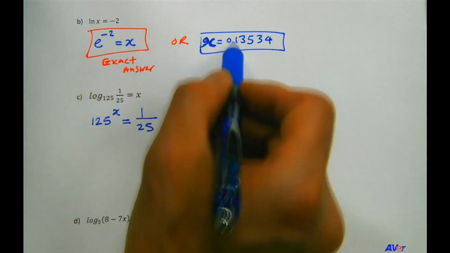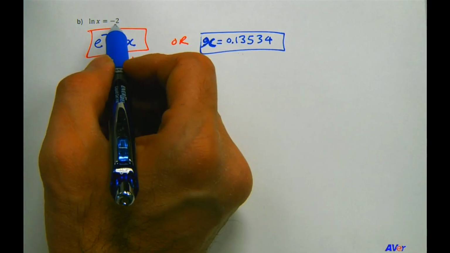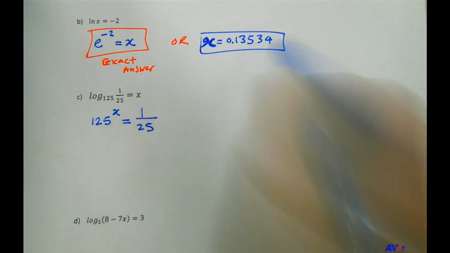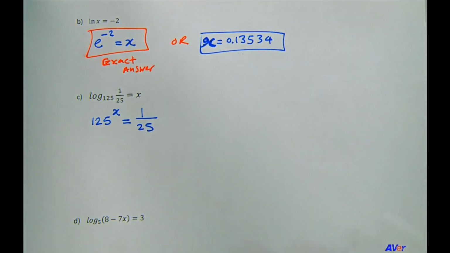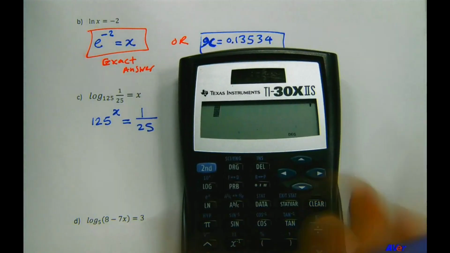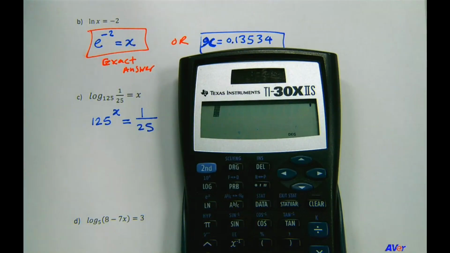And if you take the natural log, you'll notice that you get close to -2, not exactly -2. Why? Because I rounded this, remember? So let's do that. Before continuing with this one, I need to do that. If we check this answer, which is not exact, this one is exact, that one is not, we're going to get some value close to -2, but not quite -2.